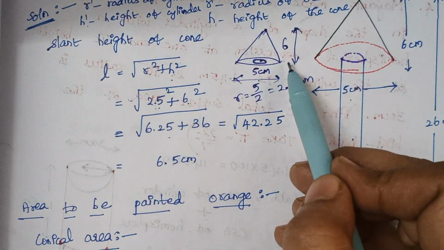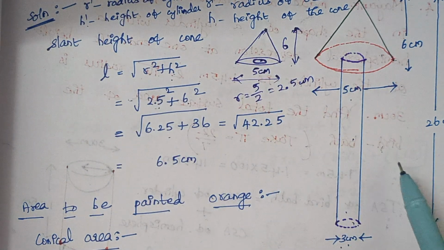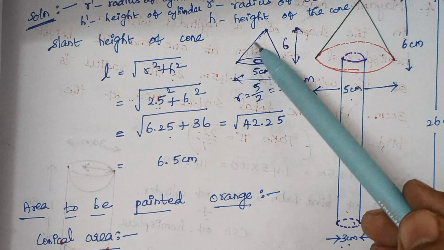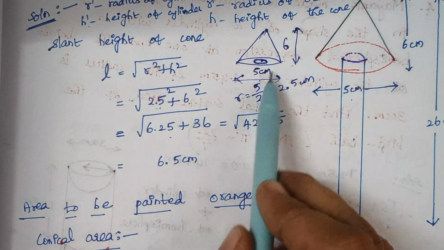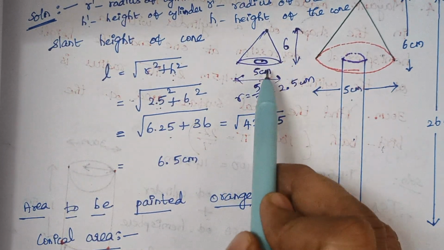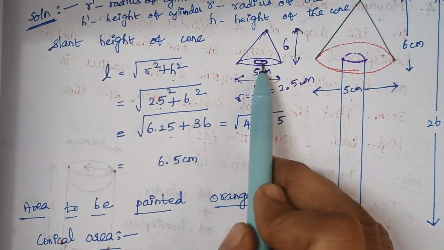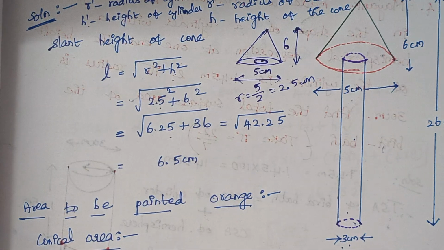When you consider the total surface area of this part, what are all the things you have to include? You have to include the curved surface area of the cone, as well as the base area of the cone, but this base area has the top area of the cylinder, so you have to subtract this top area of the cylinder.